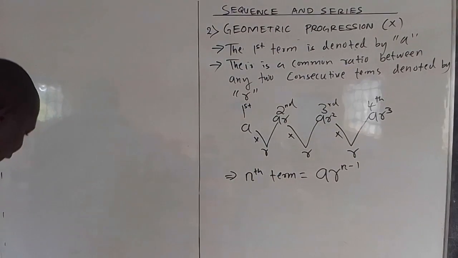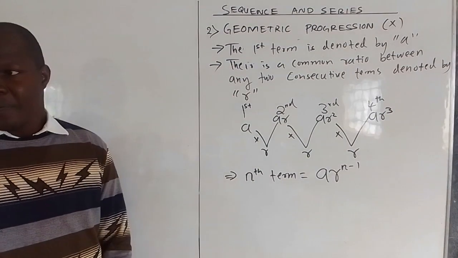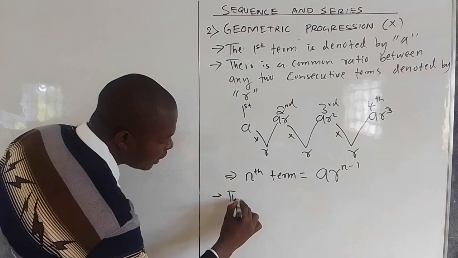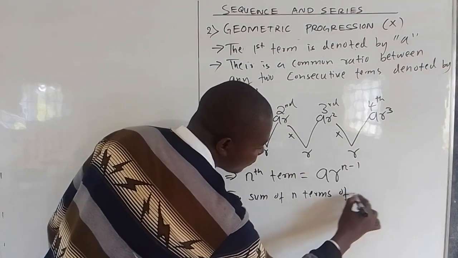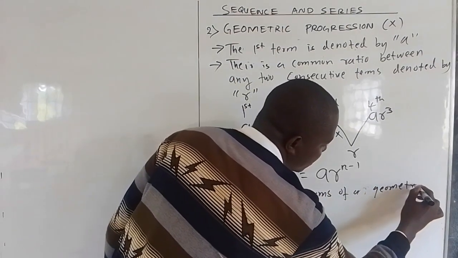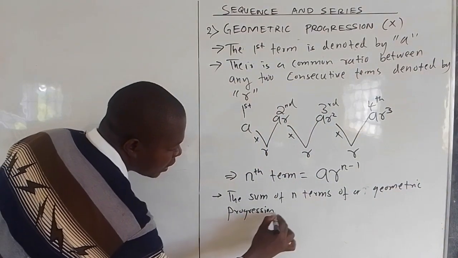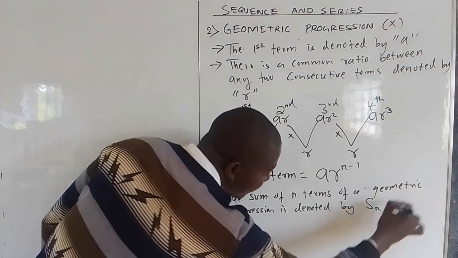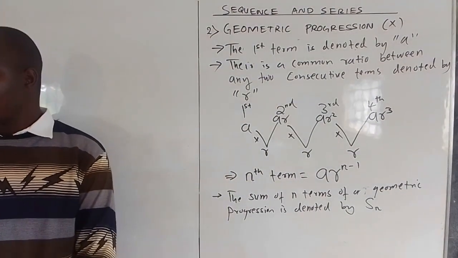Now after getting the nth term, we talk about the sum of n terms of a geometric progression, denoted by Sn, just like in arithmetic progression where the sum of n terms is S subscript n.